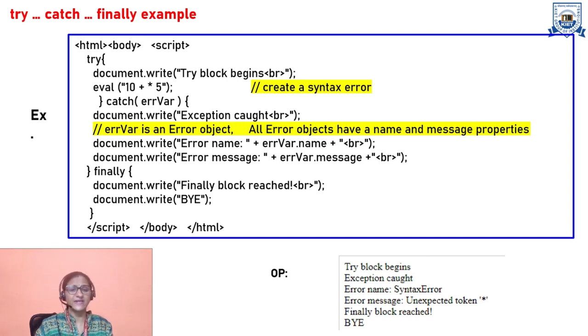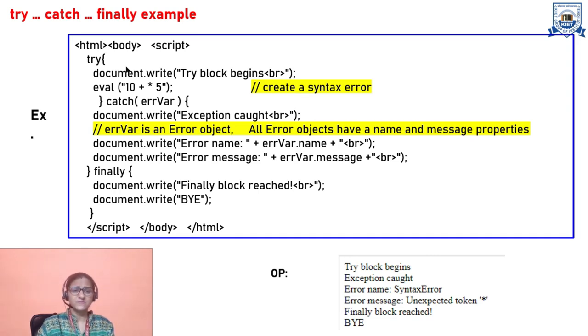Whether our exception is handled or not, we don't bother about that, but this message must be displayed. So such a message or statement must be kept in the finally block, because this is the block which definitely gets executed in every situation.